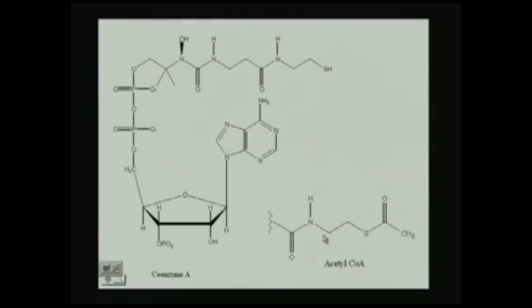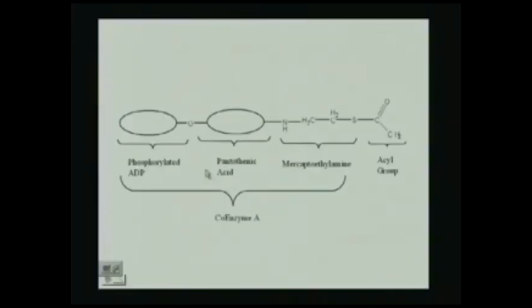Whenever we look at any metabolic pathway, you will see acetyl-CoA come into the picture a large number of times. But you have to remember it is derived from that vitamin, and it is nothing but a phosphorylated ADP linked with an oxygen to pantothenic acid that is linked to mercaptoethylamine.